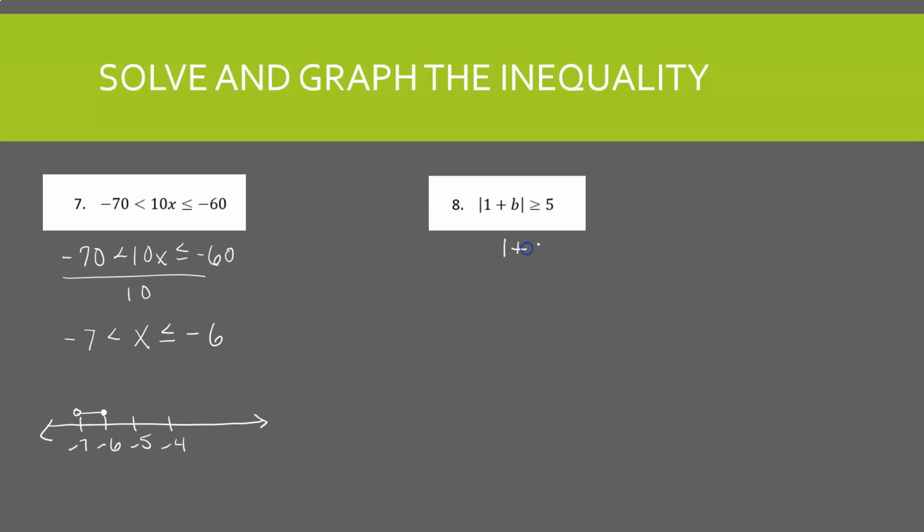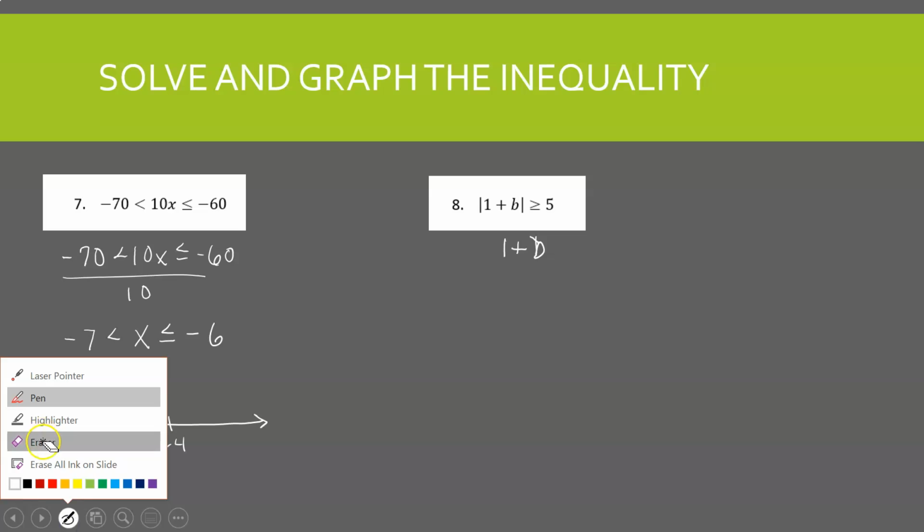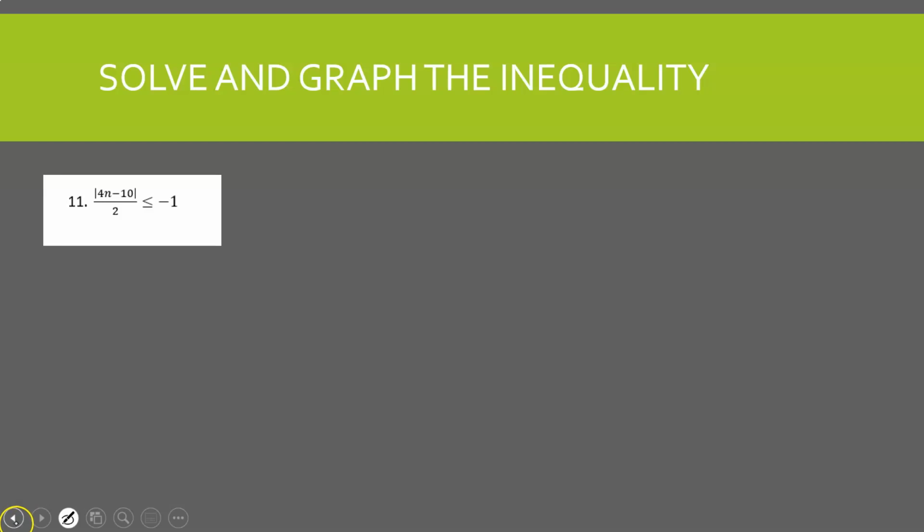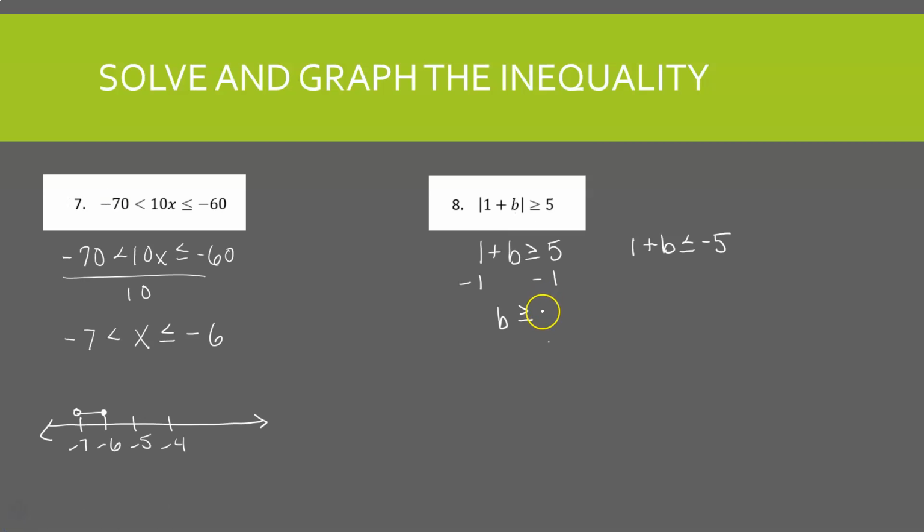Okay, next is an absolute value inequality, which is the same as a compound inequality, so we're going to solve it twice. When you are solving for the negative version, you're going to flip the sign. So I'm going to subtract 1. So I have b is greater than or equal to 4. And here I'm going to subtract 1.